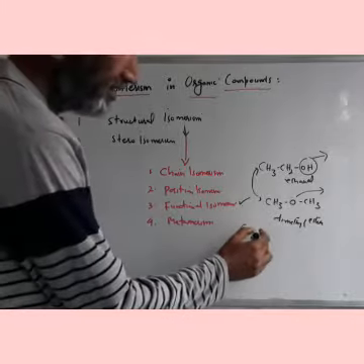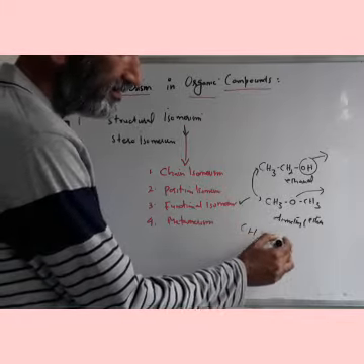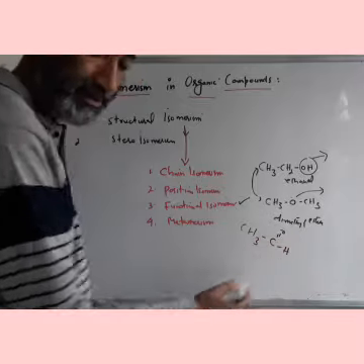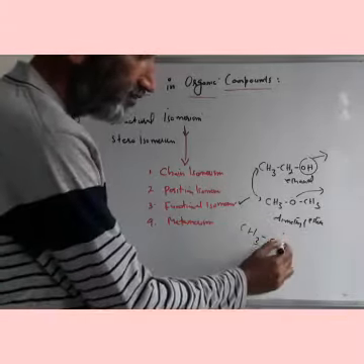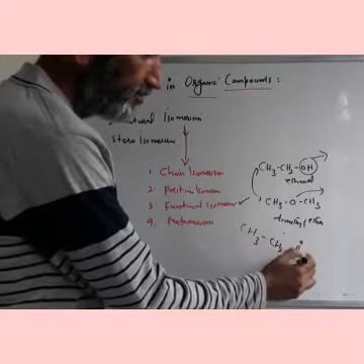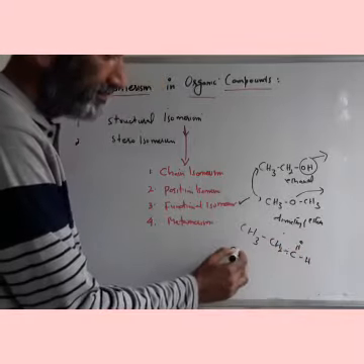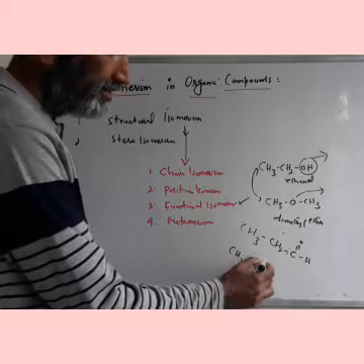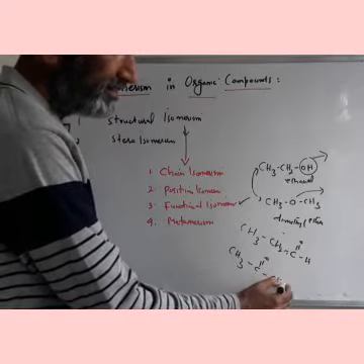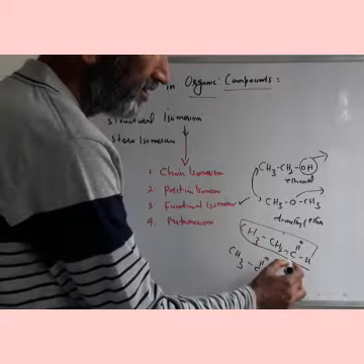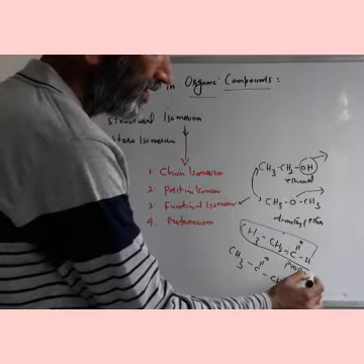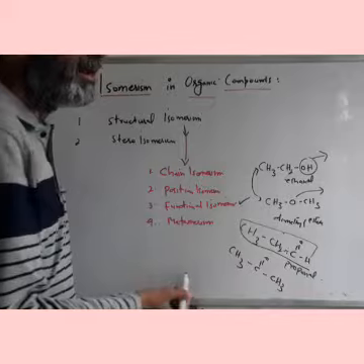We'll take CH3CH2CHO and CH3COCH3. This is propanal, ये propanal है.